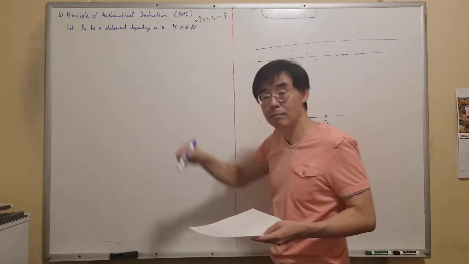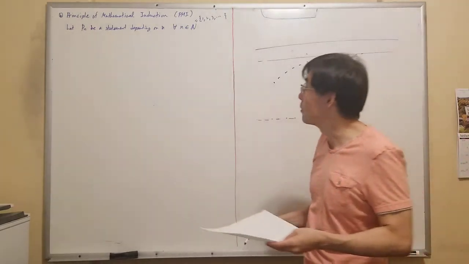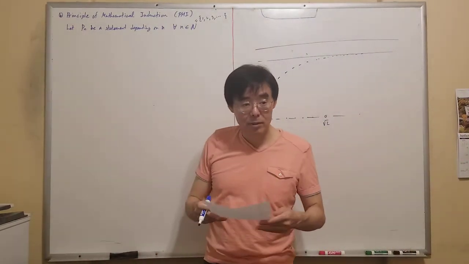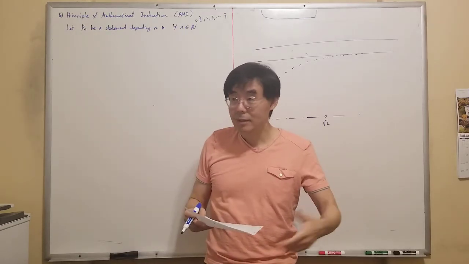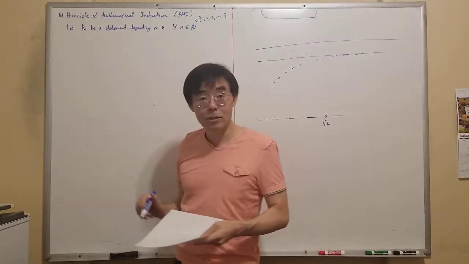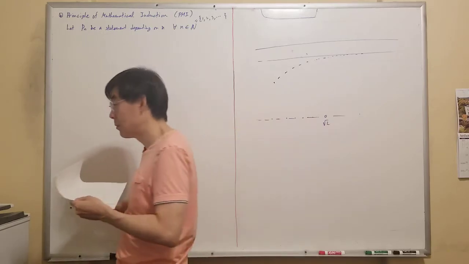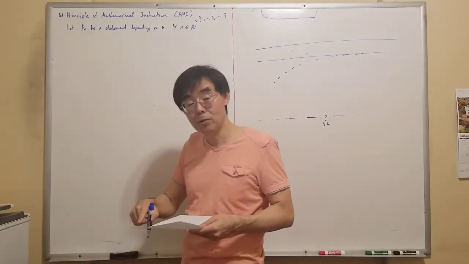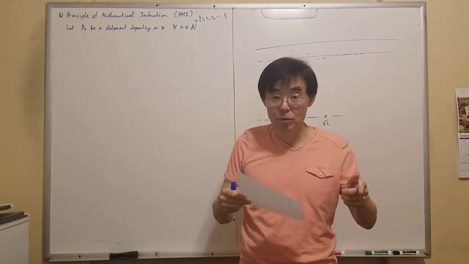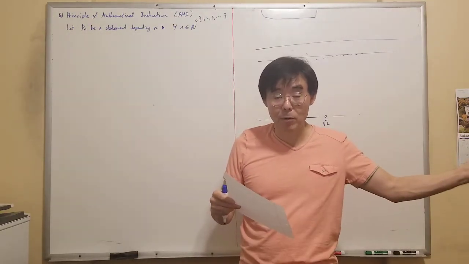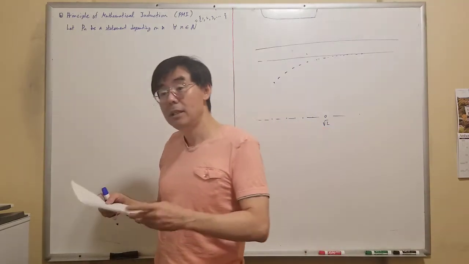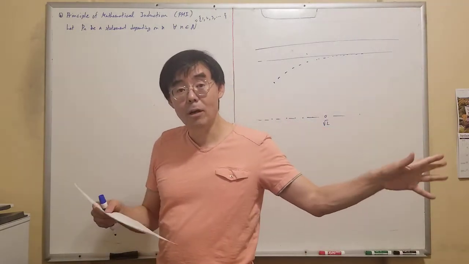This capital N means the set of all natural numbers. So your statement somehow depends on your choice of integer. P1 is a separate statement from P2 or P3. So you have a P1 statement, P2 statement, P3 statement, P4, P5. Somehow, these are related.